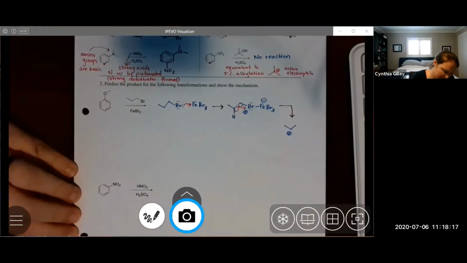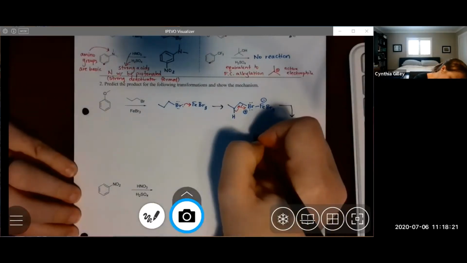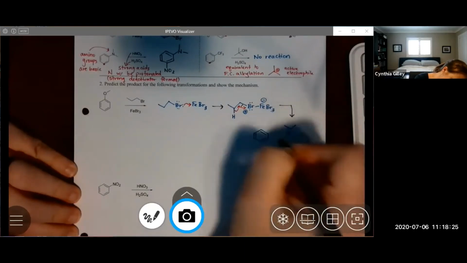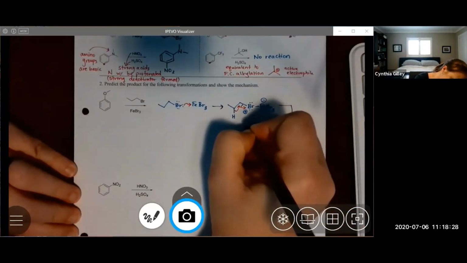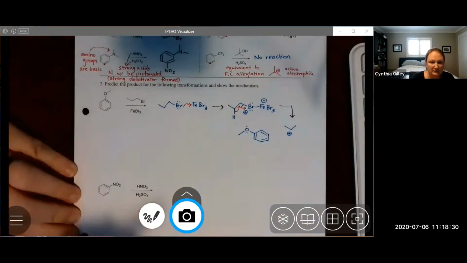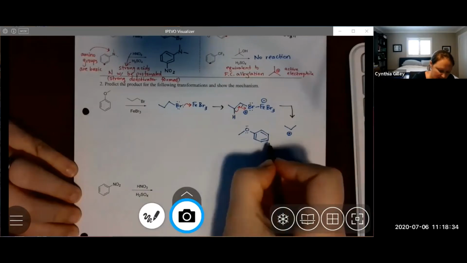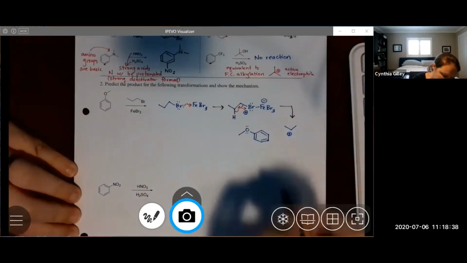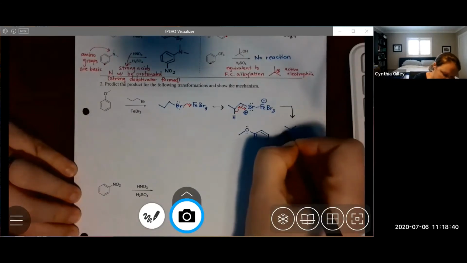Right, so from here, now we can get the aromatic ring involved. Draw the ring. Remember that the group here is an ortho-para director. We're going to carefully use the pi bond associated with the para position to do the nucleophilic attack.